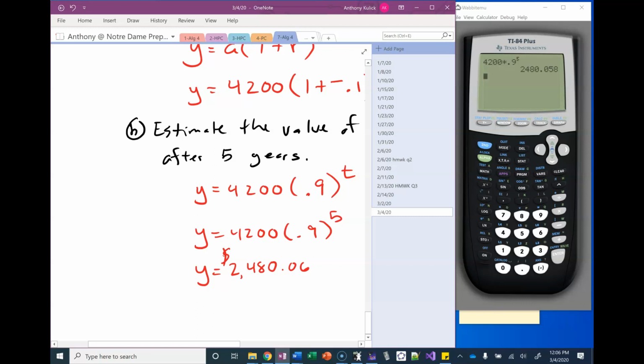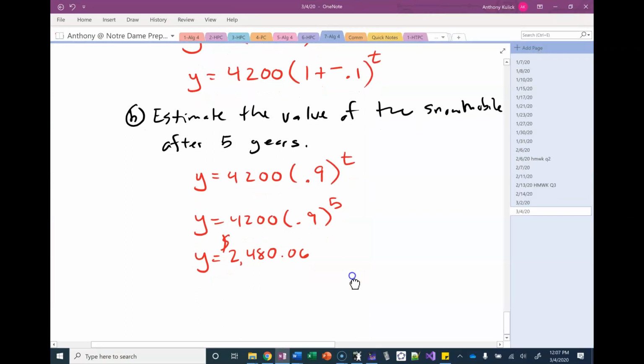As opposed to the previous problem where we were rounding number of computer viruses, that would round to a whole number. Money would round to the penny. So you have to use a little bit of common sense about what that quantity is that we're rounding to round appropriately. But that's hopefully not hard to see if you think about it for a minute about how you'd want to round that. Okay.